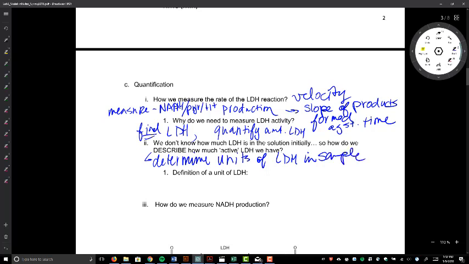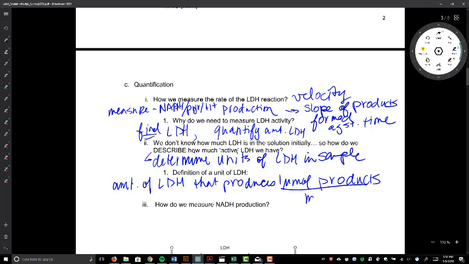The definition of a unit of LDH is the amount of LDH that can produce 1 micromole of NADH and pyruvate per minute, or 1 micromole of products per minute. So we can use the rate at which the enzyme catalyzes the reaction, so the micromoles of products that are produced per minute, to figure out how much LDH is located in our sample.